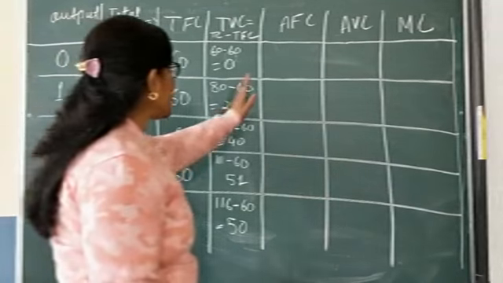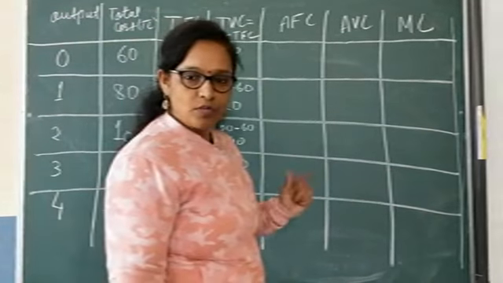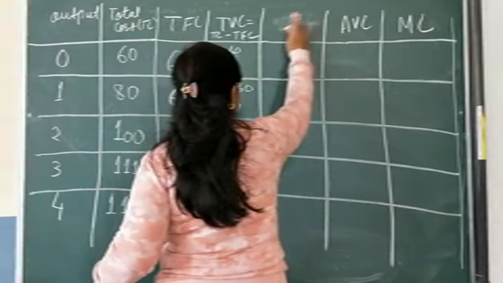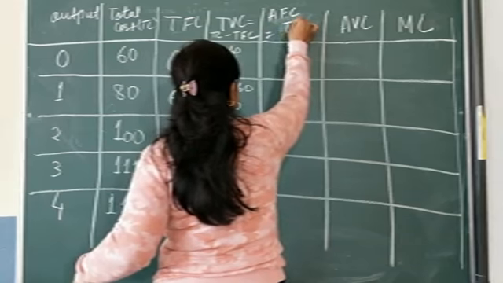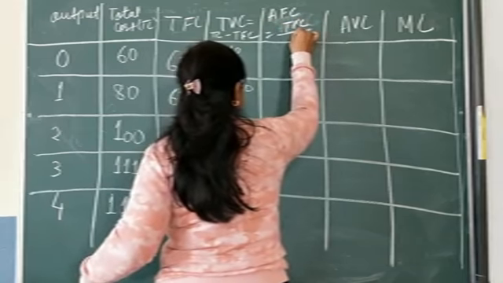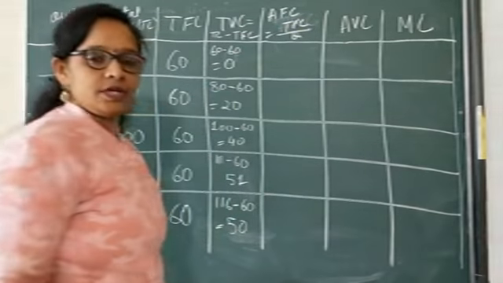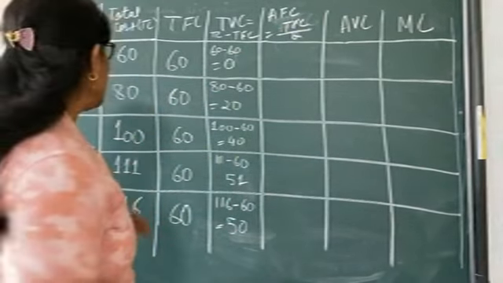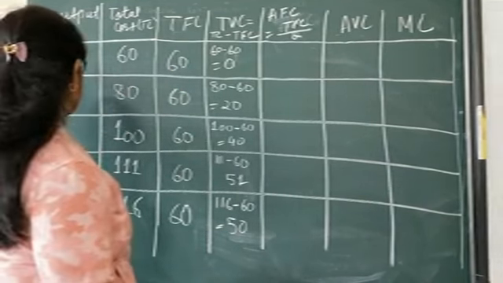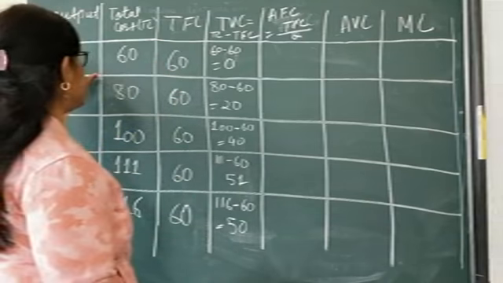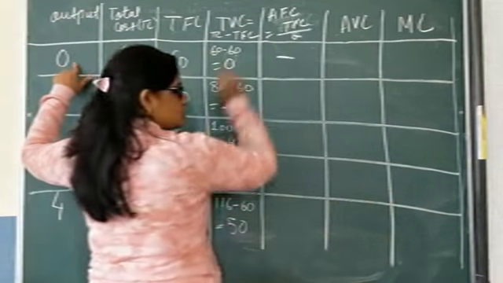Now we need to calculate AFC. We know the formula of AFC: AFC is TFC upon Q. Is it clear? What is TFC? 60. What is Q? Output. So 60 upon 0, the first one will be dash.